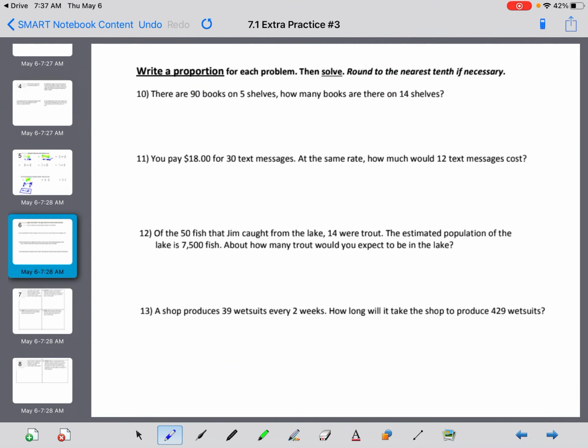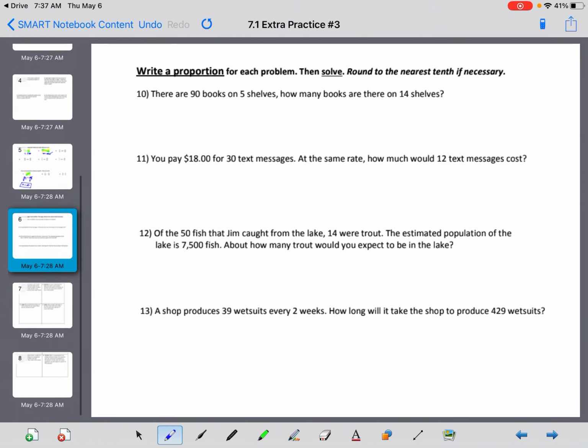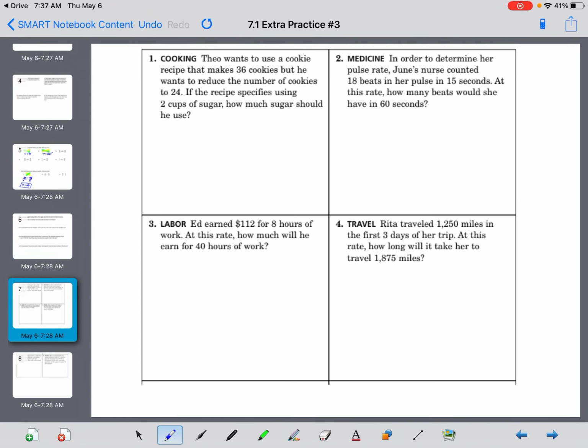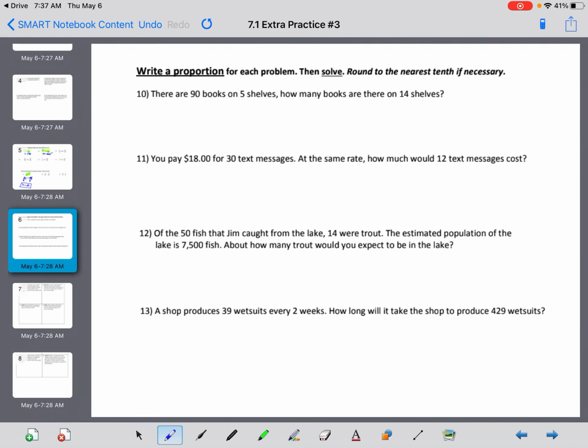Okay. Write a proportion and solve, and then more proportions here and solving. Okay, so there are 90 books on 5 shelves. 90 books on 5 shelves. And that's going to equal X amount of books on 14 shelves.